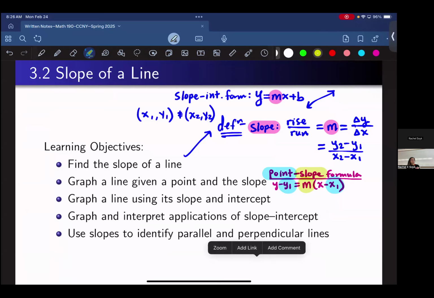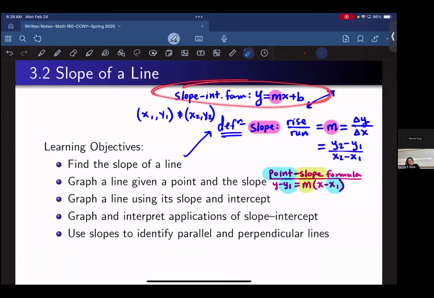Our third objective, graphing a line using the slope-intercept form, which we have up here. So maybe what I'll do is I'll just highlight it up here. Or I'll box it.